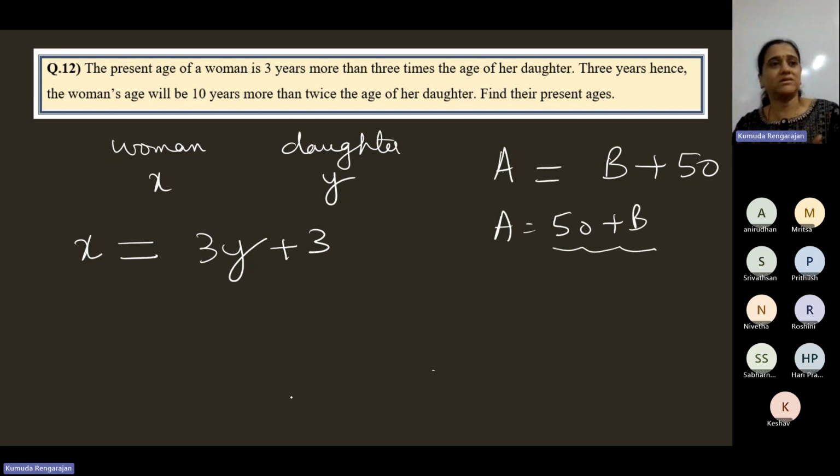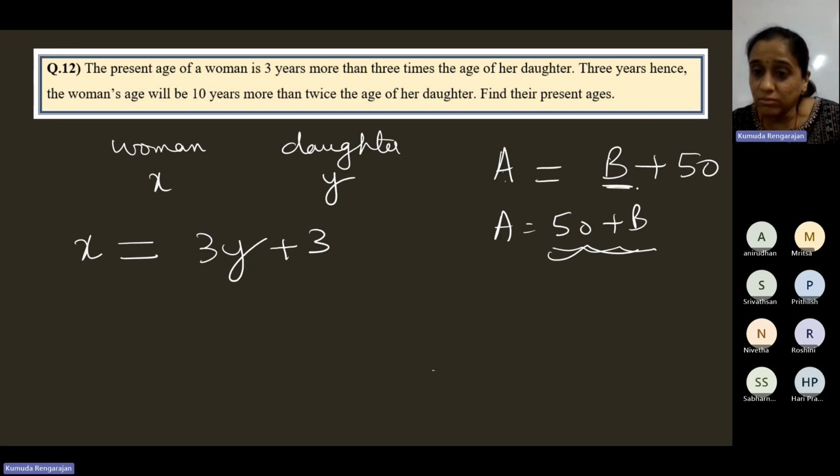A wants whatever B has, he wants 50 more. So B's money plus 50 is what A wants.